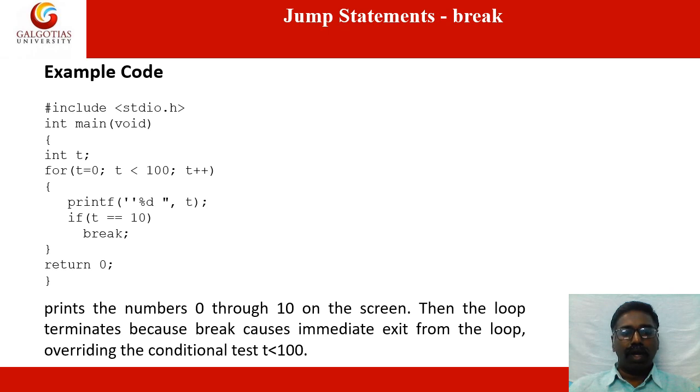So now, as per the iteration of the for loop and the checking condition given inside the if statement, this print statement will execute for the value t is equal to 0, t is equal to 1, t is equal to 2, up to t is equal to 9 and also t is equal to 10. Now t is 10 and then it is going to check if t is equal to 10, it will break.